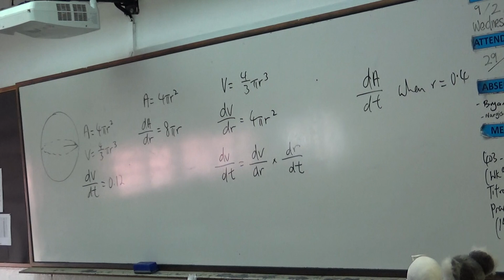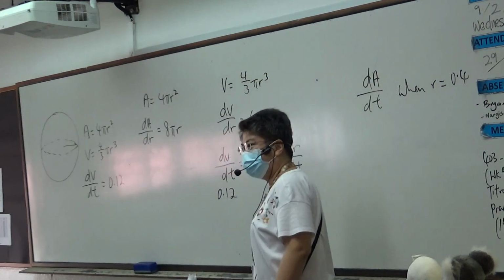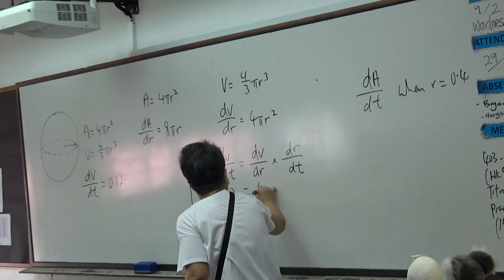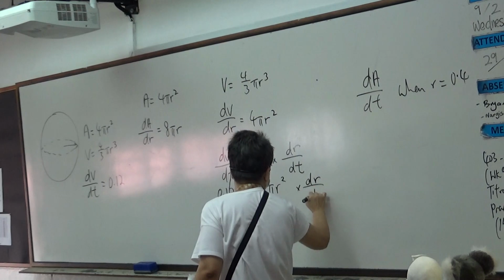And dV/dr is 4 pi r squared, and they know that dV/dt is 0.12. So that means 0.12 equals 4 pi r squared times dr/dt, right?